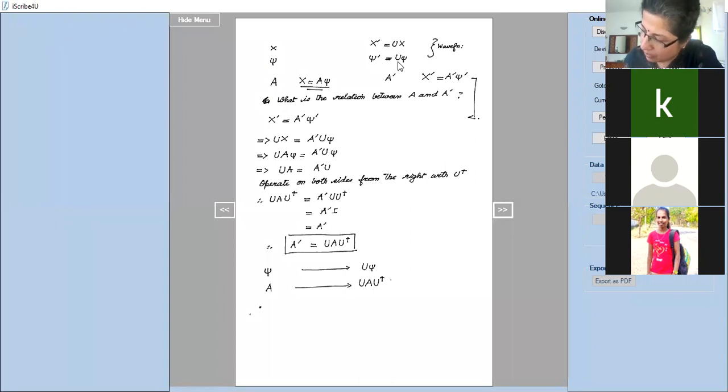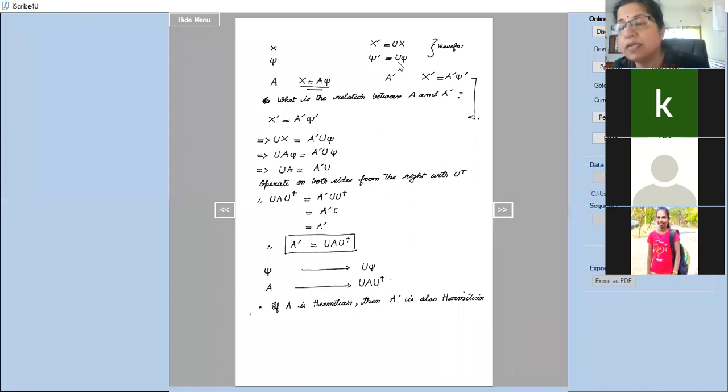So the first thing we will prove is that if A is Hermitian, then A prime is also Hermitian. Okay. Why is this important? Please tell me. Because we know A is associated with a real physical dynamical variable.